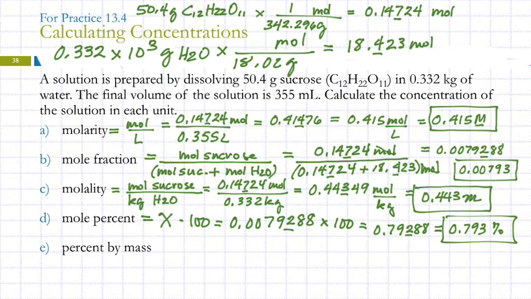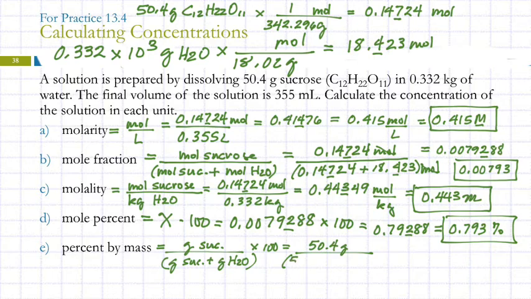Percent by mass. What is that? It's the mass of the sucrose divided by the mass of the solution. So we want grams of sucrose divided by grams of sucrose plus grams of water. And it's percent, so we multiply by 100. Well, they gave us the mass of sucrose, 50.4 grams, and we're going to divide by 50.4 grams. I'm going to leave the gram there.